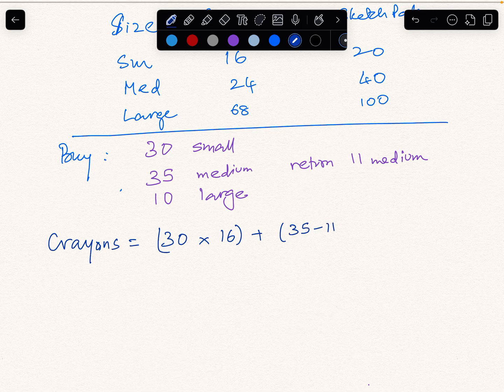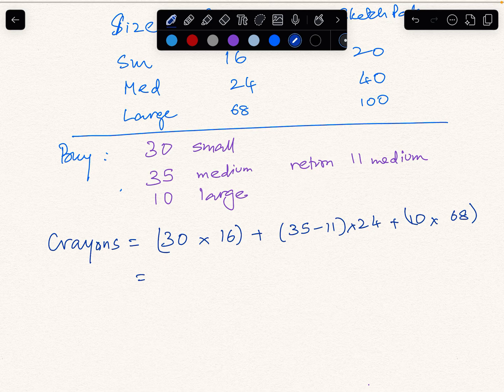So we'll be left with 35 minus 11 times 24 boxes of crayons, plus the last one is going to be 10 large times 68 boxes of crayons in the large.